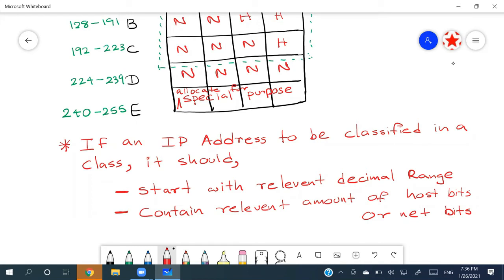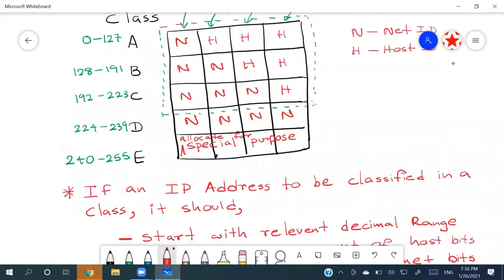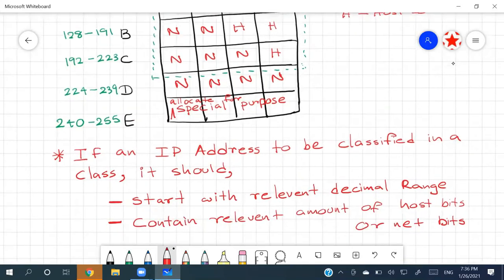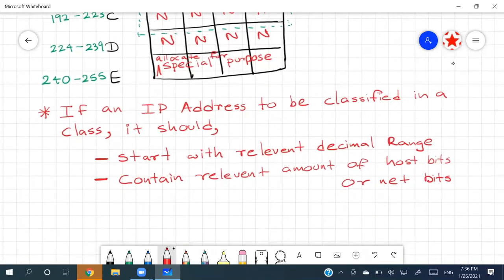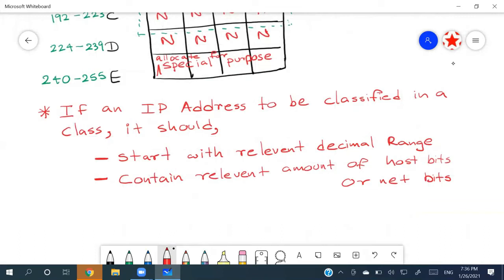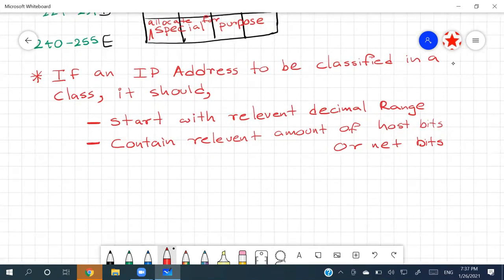කොහොමද අපි relevant amount of host bits and net bits හොයාගන්නේ? මේ උඩ තියෙන පොඩි sketch එකකින් ඔයාලට හොයාගන්න පුළුවන් ඒක. Right. දැන් ඕගොල්ලෝ sketch එක ඇඳන් තියෙන නිසා මම මෙන්න මෙහෙම ප්‍රශ්නයක් අහුවොත්. මම ප්‍රශ්නේ මෙතන ලියන්නම්.